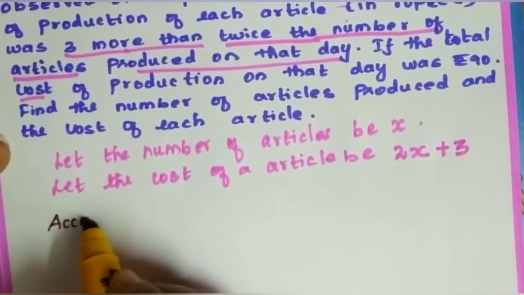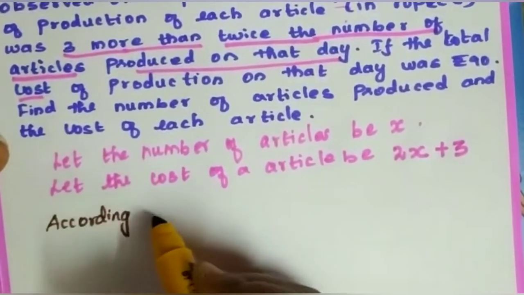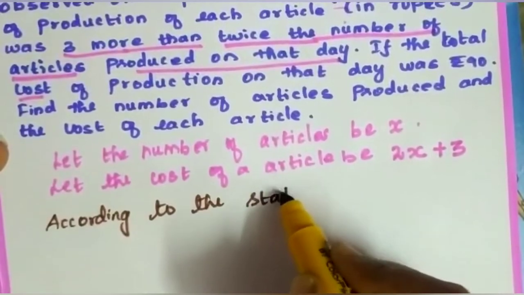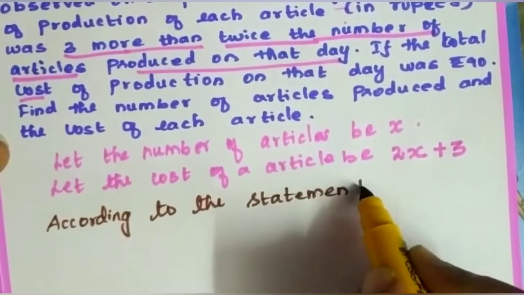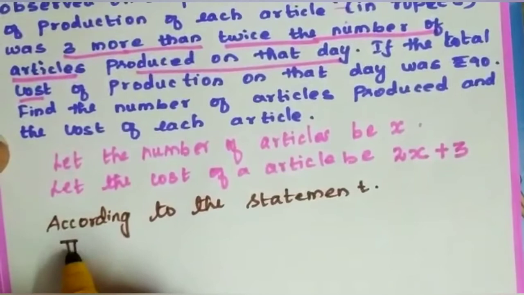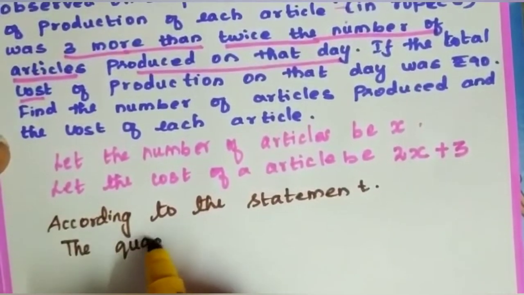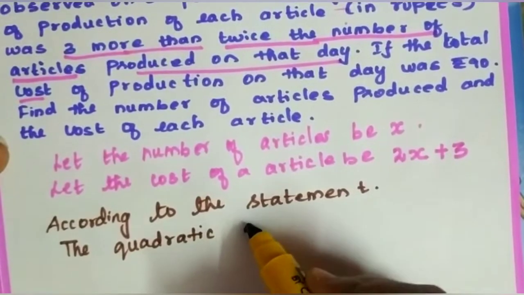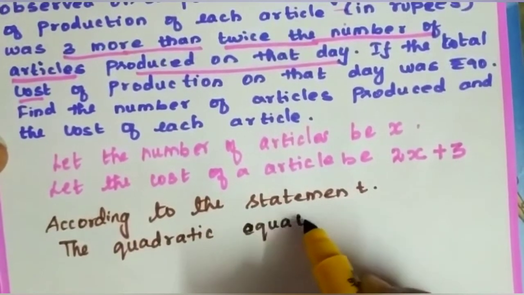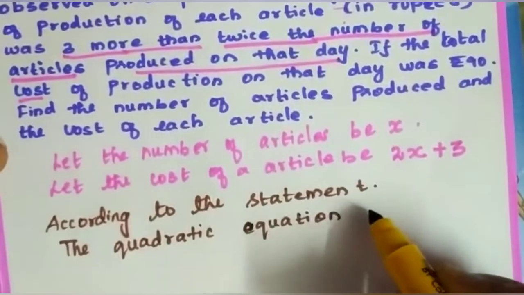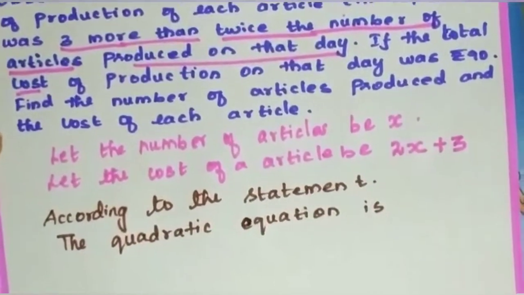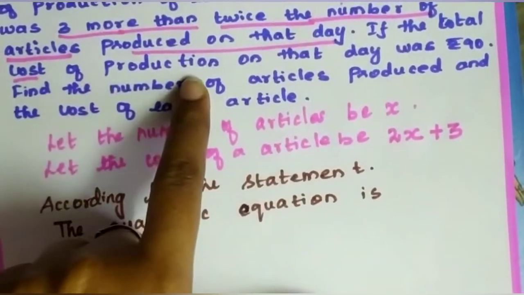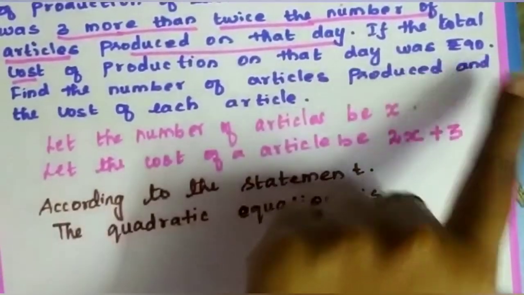According to the statement, the quadratic equation is, what is the next statement? The total cost of production on that day was 90.